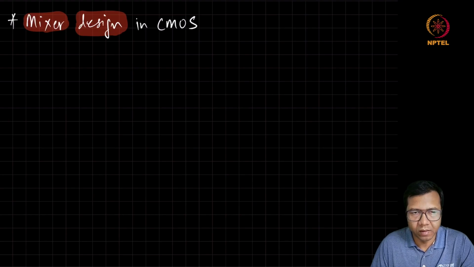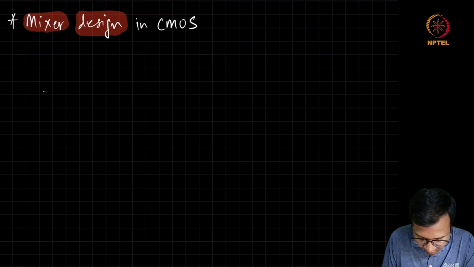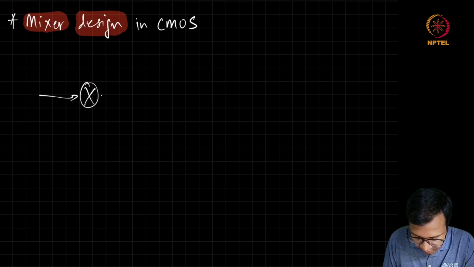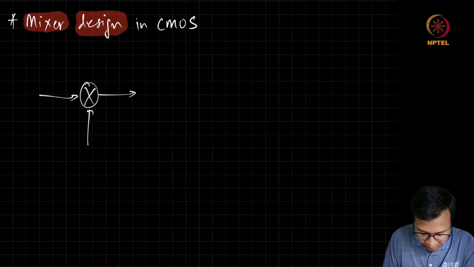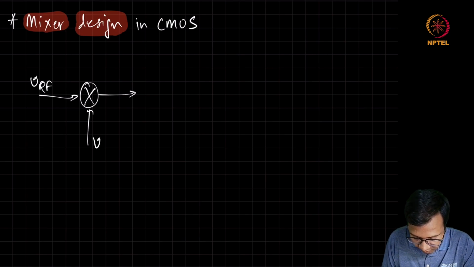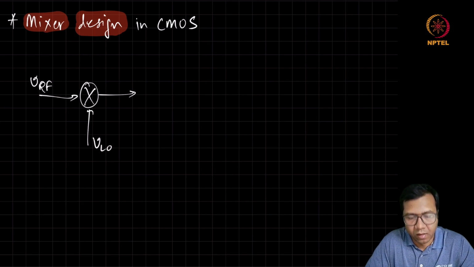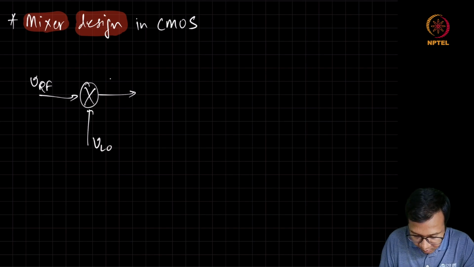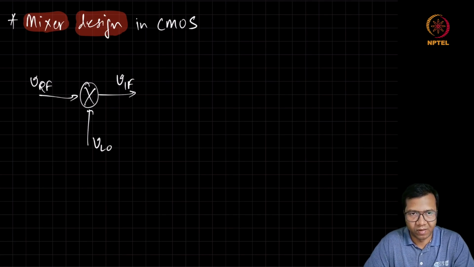We know that the way we have defined the mixer is just a multiplier. So it takes, let's say, a voltage signal at RF frequency, multiplies it with the LO, and generates a voltage at IF frequency.